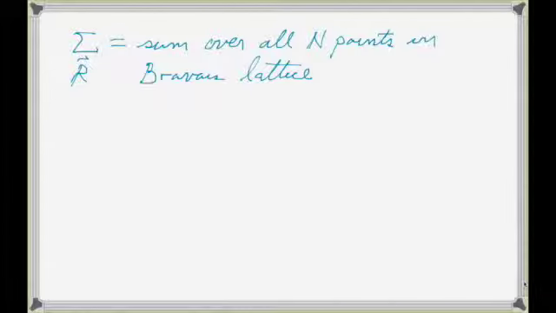And so when we're writing down things like a sum over R, that's a sum over all endpoints in our Bravais lattice. And of course, n goes to infinity, but it's sort of our bookkeeping n, which normalizes things. So before in 1D we were able to just write a sum over n, where n was our unit cell.